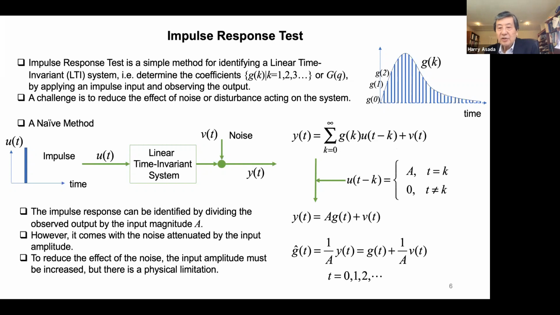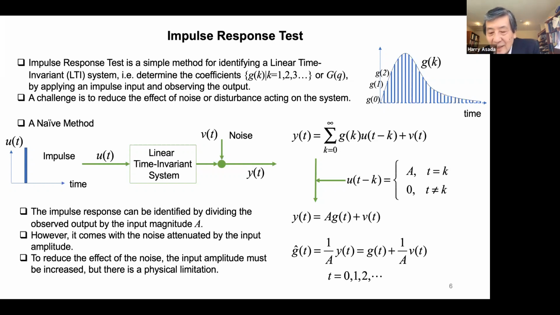Now, we applied an impulse. So the impulse is something like this: at t equal k, it is non-zero, otherwise 0, right? Substituting this in, y(t) equals a times g(t) plus v(t). So to obtain g(t), it can be estimated as y(t) divided by a, which is g(t) plus 1 over a times v(t).